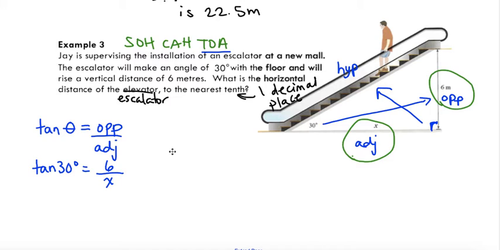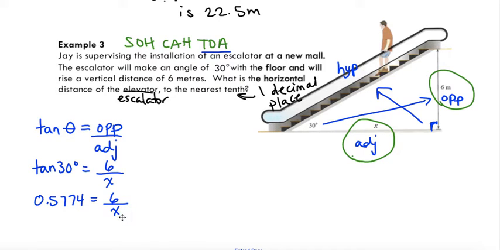At this point, I want to figure out what the tan of 30 degrees is, and that gives me a value of 0.5774 when I keep 4 decimal places. Now, the trick in this question is our x value or unknown value is in the denominator of our fraction.